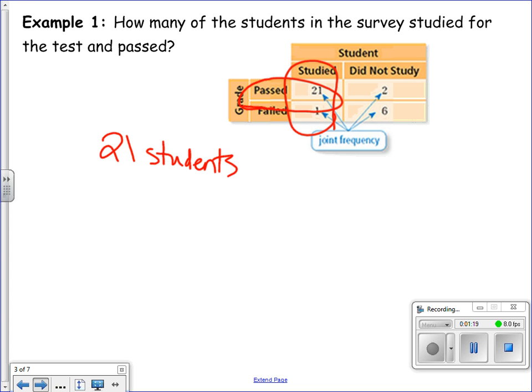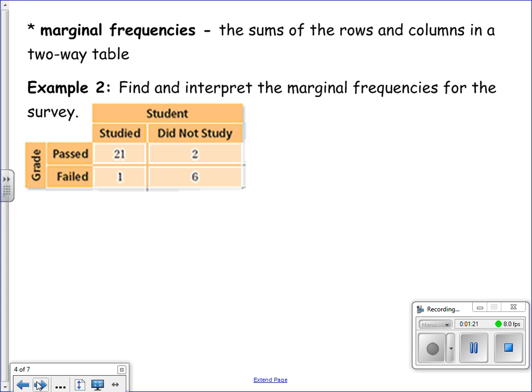All right. Now, marginal frequencies. That is the sum of the rows and columns in a two-way table. So what that means is, in example 2, we're going to find and interpret the marginal frequencies. So again, we're finding, and then we have to interpret, so explain what that means.